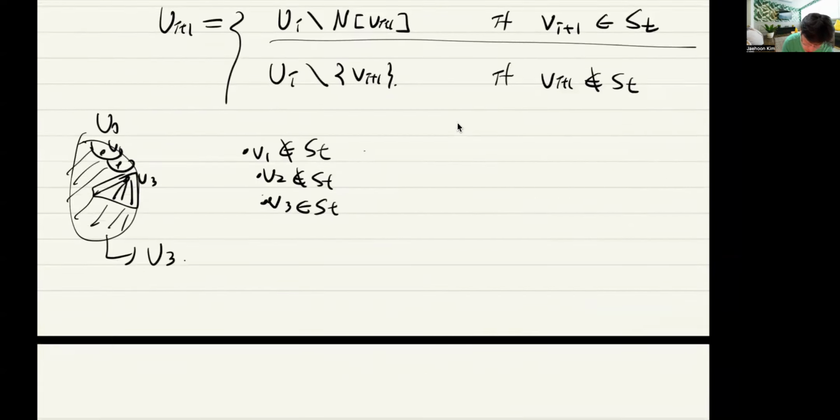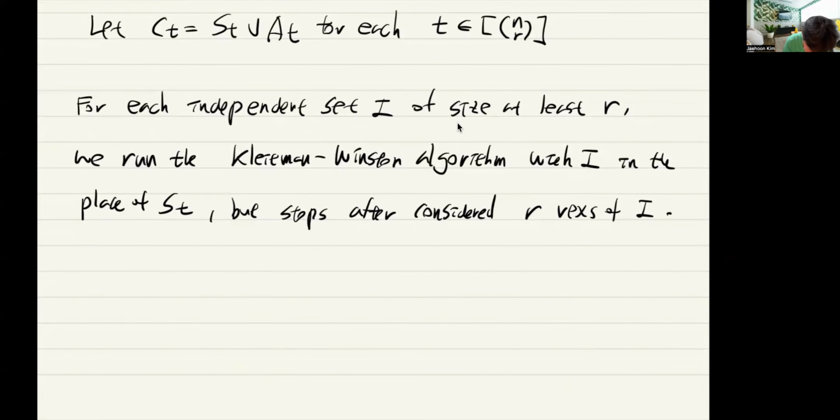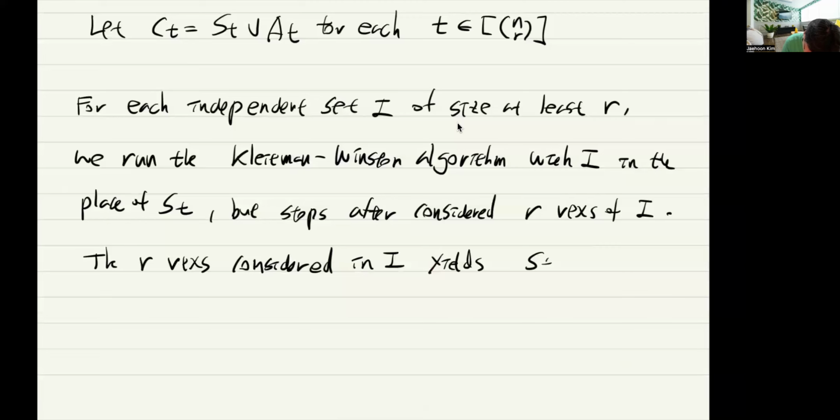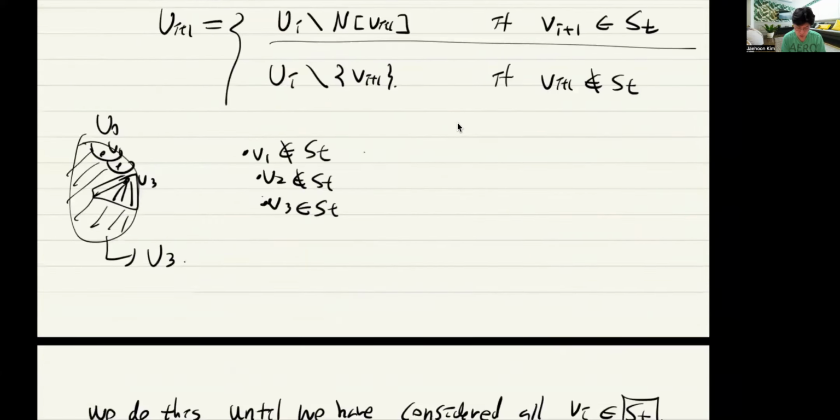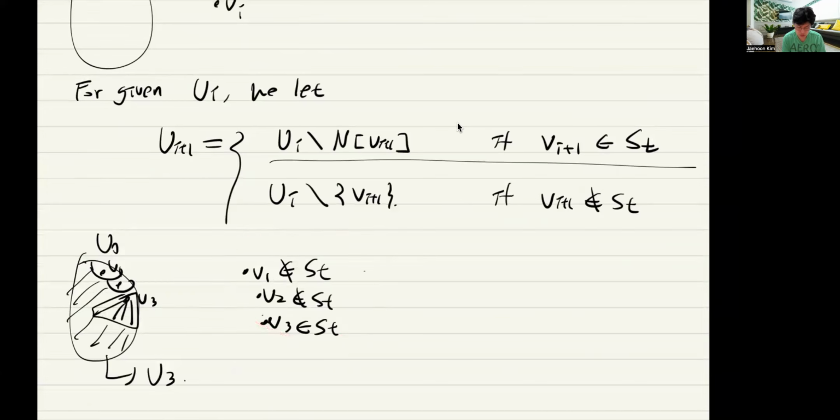Then the R vertices considered in I yield FT for some t, and the remaining set, because exactly those vertices are considered, the corresponding set AT is the same.